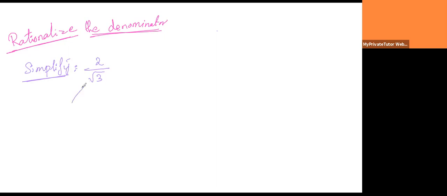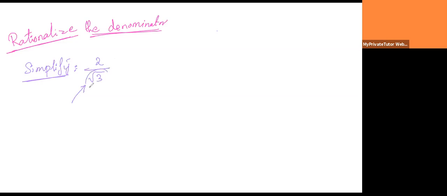We are not supposed to keep the square root term in the denominator. I'm repeating again: rationalize the denominator. We are not supposed to keep the square root term in the denominator, so you need to write only a whole number, not the square root number. So how do you solve this?